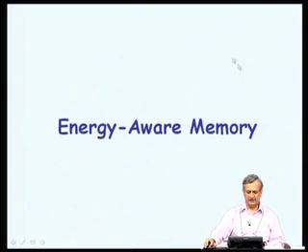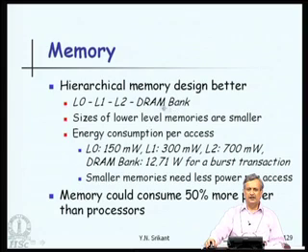So, let us look at memory now and what exactly is energy aware memory. We have hierarchical memory designs. These are known to be much better than a single memory level. There are going to be L0 caches, L1 caches, L2 caches and then the main memory DRAM.